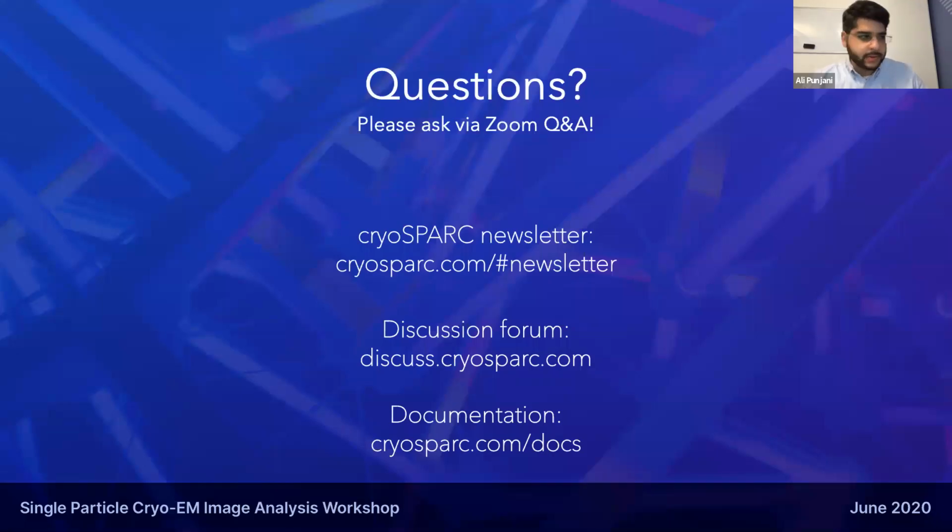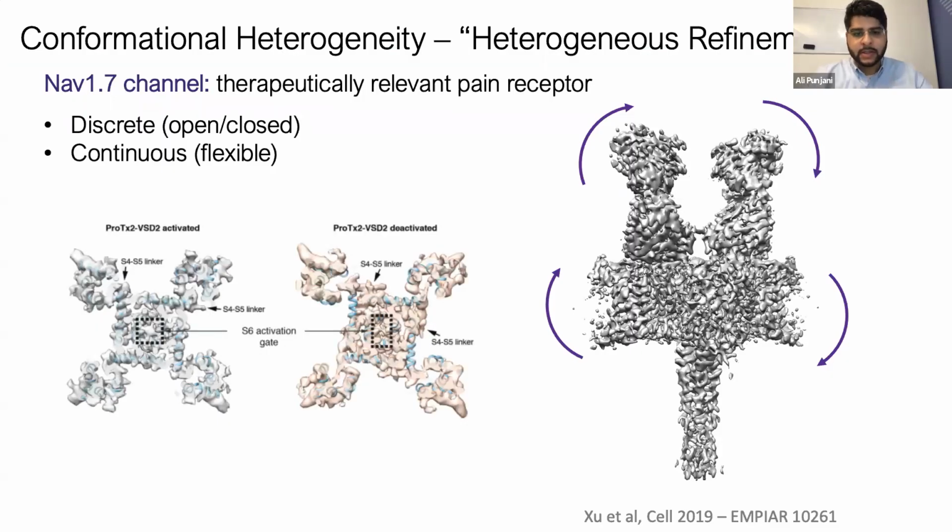I'm not going to take questions right now, but what we're going to start talking about next is an exciting area of new developments in single particle EM methodology, especially on the compute side, and projects that we've been working on for quite some time, to start to look at the problem of continuous heterogeneity and conformational landscapes of protein molecules that don't appear in only a single or multiple discrete conformations.